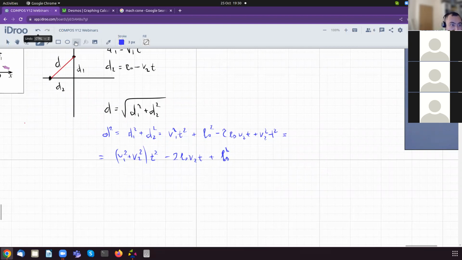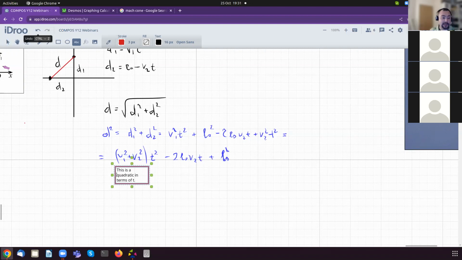Find the minimum value of the quadratic by completing the square. This is a quadratic in terms of t. Don't believe me?